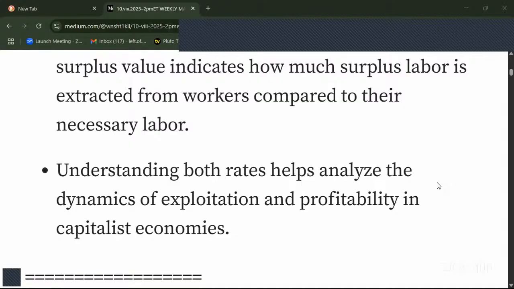So automatically, when you focus on variable capital, you've already made that jump, as it were, to a labor theory of value. Now, not accepting all of the different elements of a kind of determinism, the point being that you're comparing solids and non-solids.